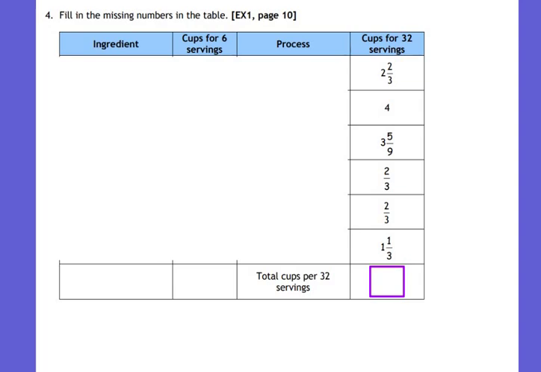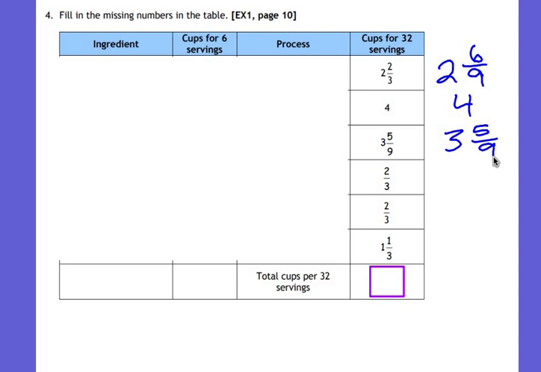So I need to change this guy to have a denominator of 9. 3 times what gives me 9? 3.